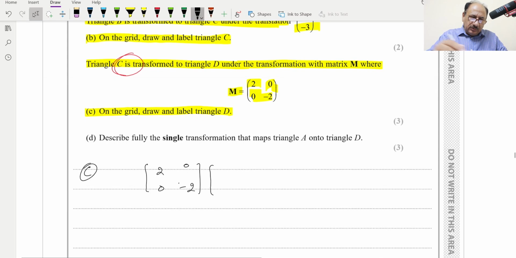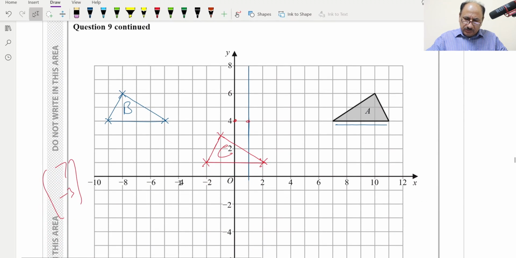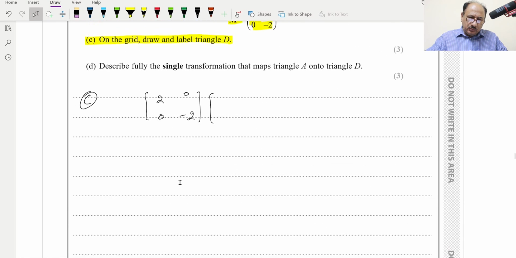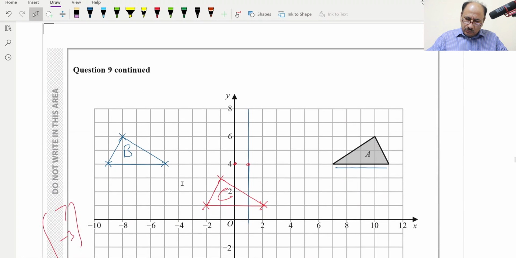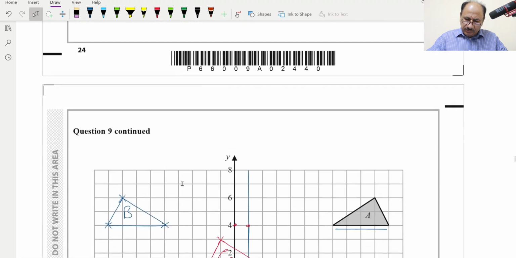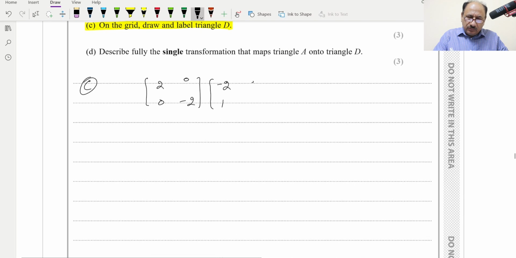So we'll be writing the coordinates of C, which is minus 2 and 1, 2 and 1, and 1 and minus 1 and 3 basically. So these coordinates we will utilize over here.